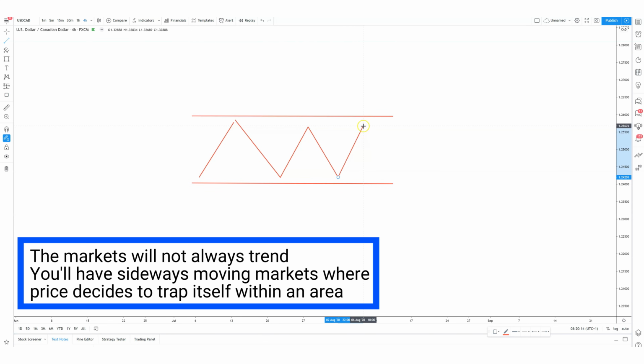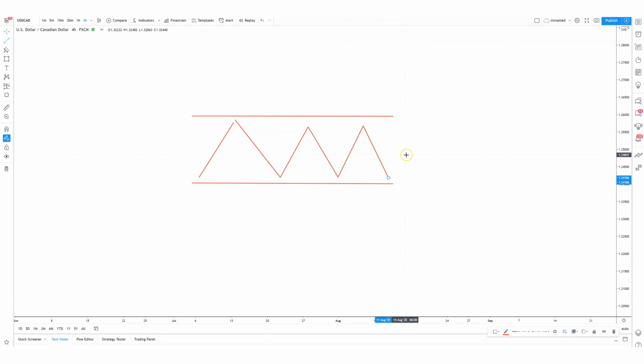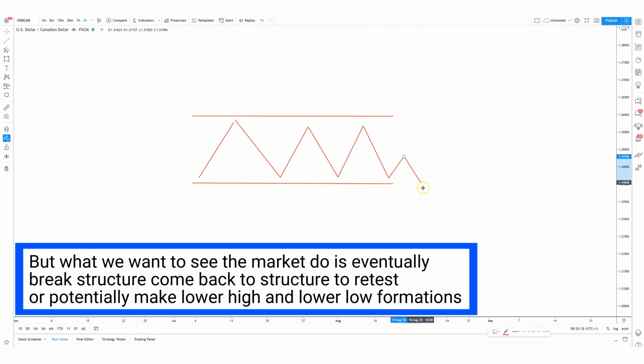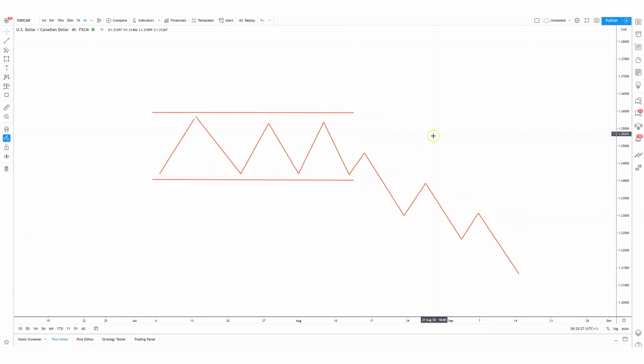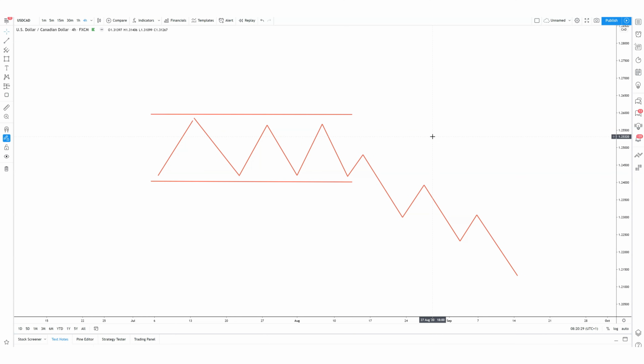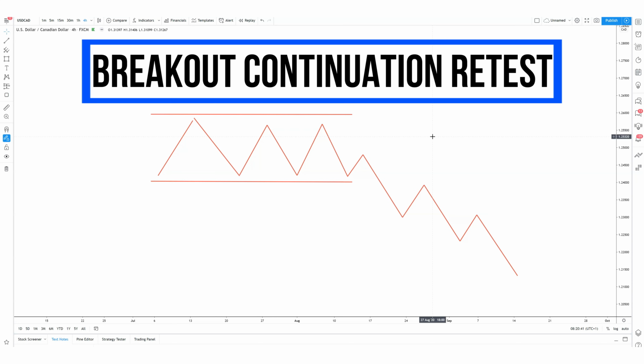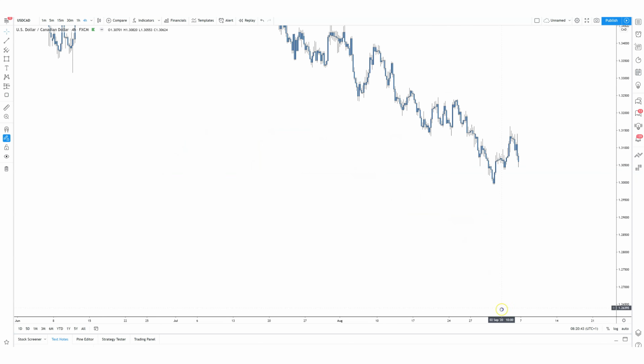Whatever the reasons are for this, there's so many theories behind it. But what we want to see the market do is eventually break structure, come back to structure to retest, or potentially make lower high and lower low formations. So this is the second pattern that we're going to be looking at today. And I like to call this pattern the breakout continuation retest. So let's take a look at this.